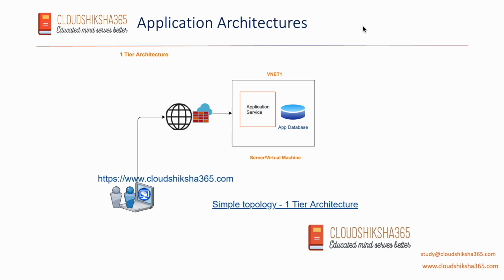Now, if we talk about tier 1 architecture, it means that we have all these three components running on one VM, one machine, or on your laptop. So I have my application server, my database, and my web service, everything running under one container. That container can be your own laptop, one virtual machine, or one server.